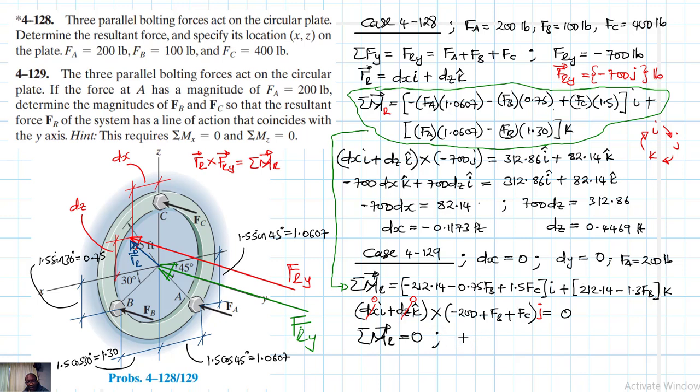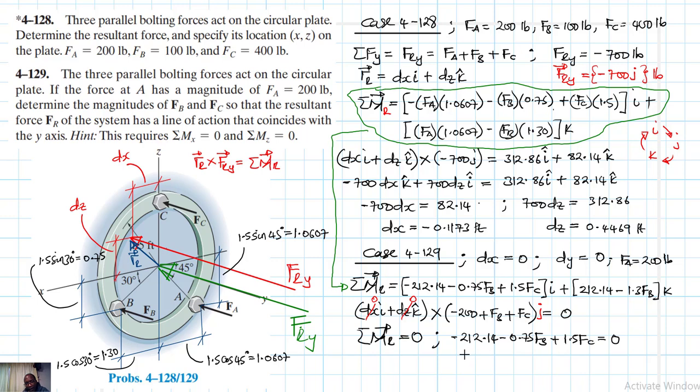And if this is the case, we are going to extract two equations there. One of the equations will be 212.14 minus 0.75 FB plus 1.5 FC is going to be equal to 0, the moment in the x-axis there.